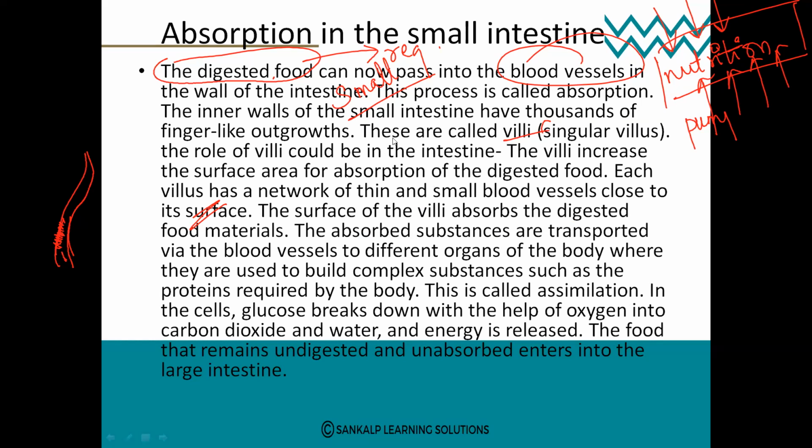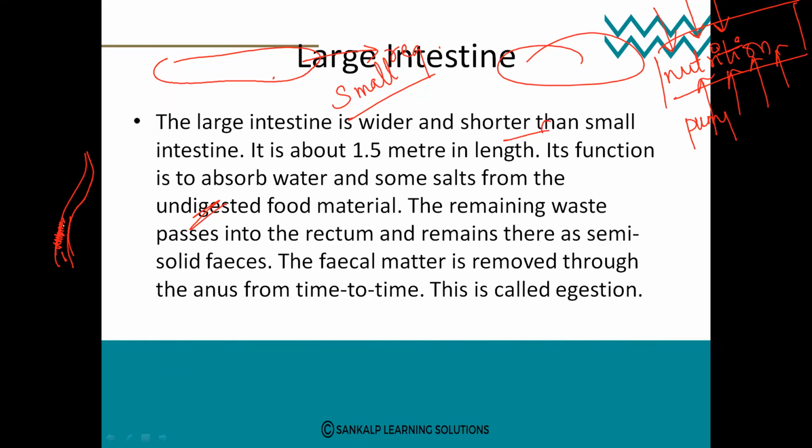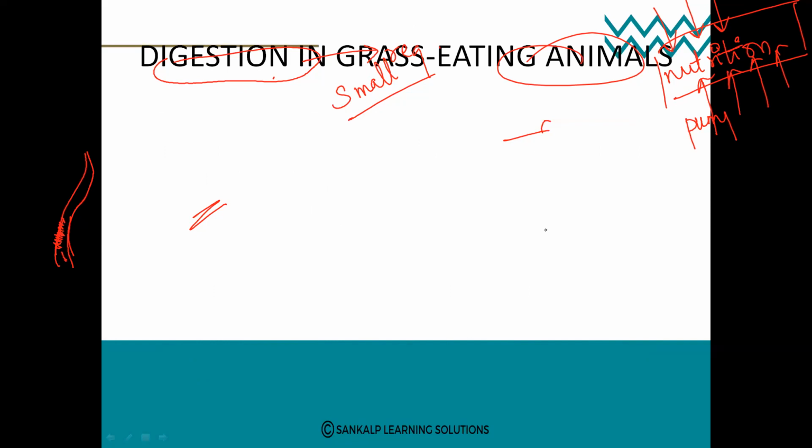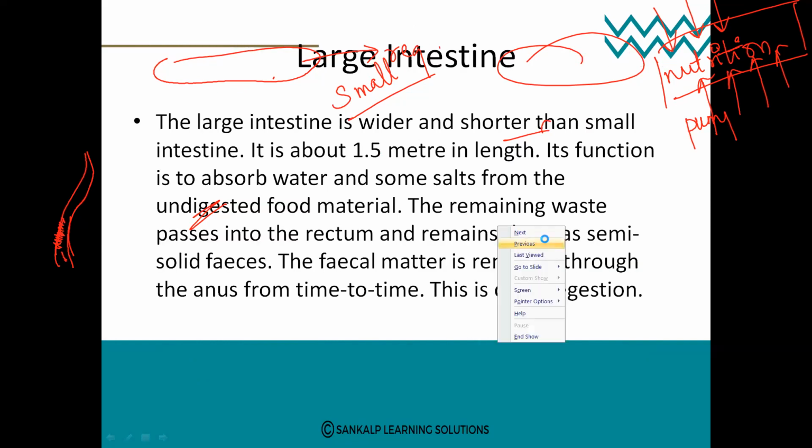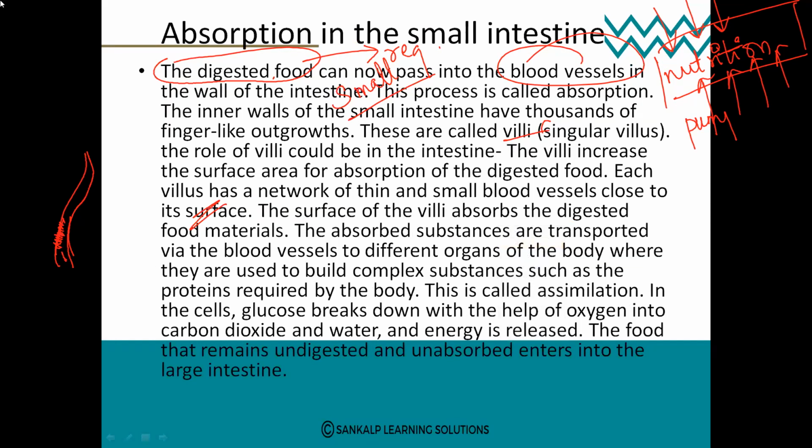This villi is providing a good surface area, because it is connected to a network of thin and small blood vessels. Means what? Since they are thin and connected to blood vessels, they will directly absorb into the blood vessels.